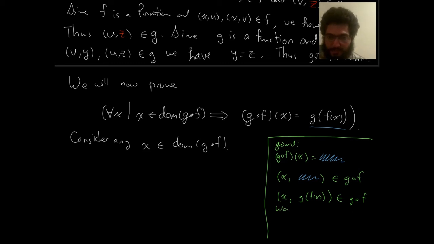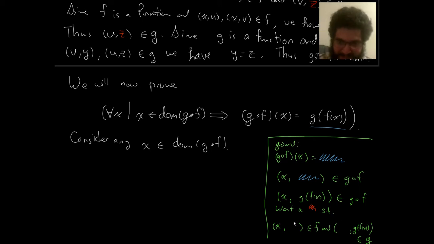So I want a, let's make it red scribble, such that x comma that red scribble is in F, and the red scribble comma g of f of x, this, is in G. That's what it takes to get this pair to be in this composition.